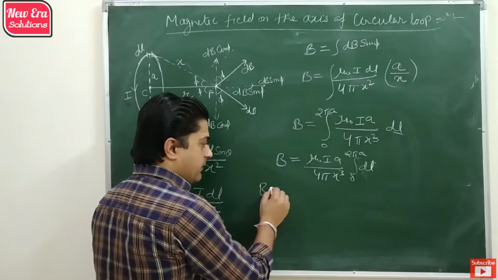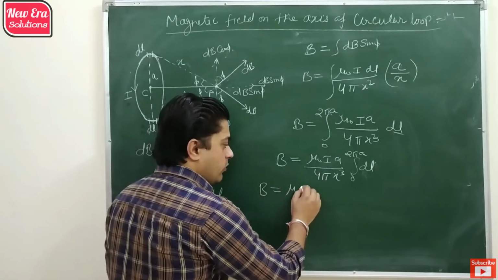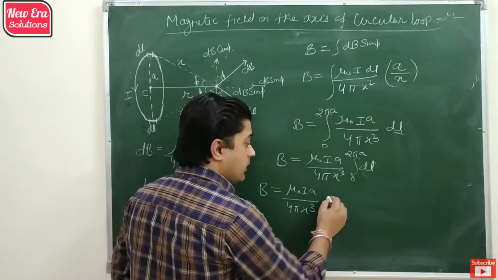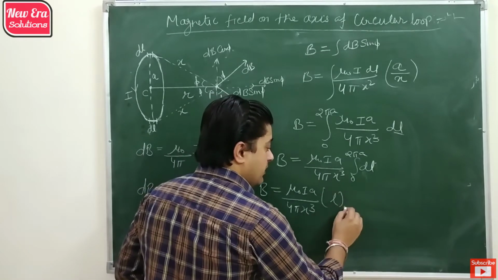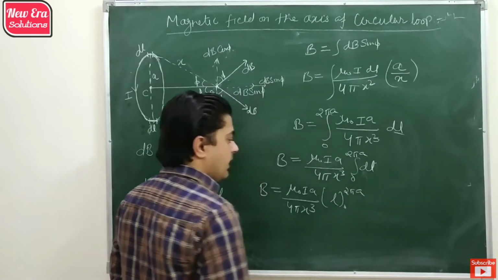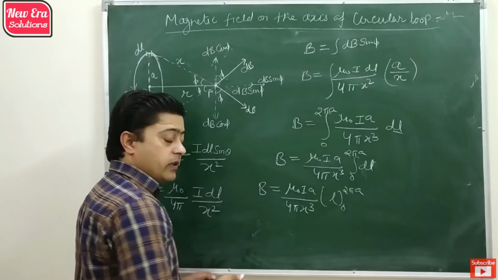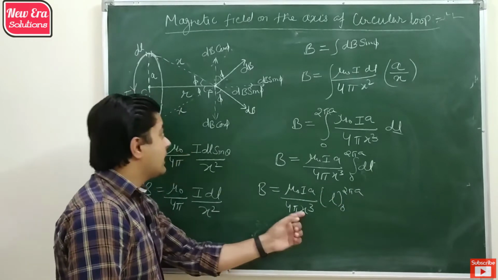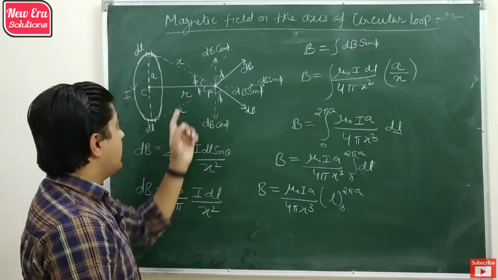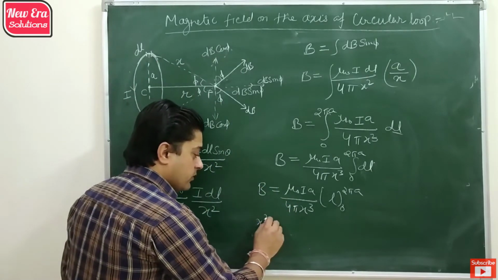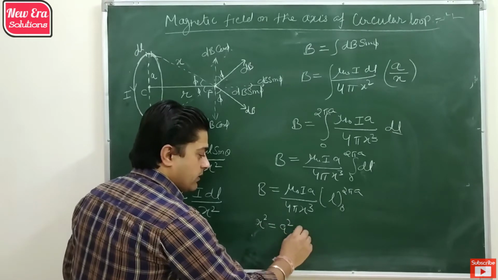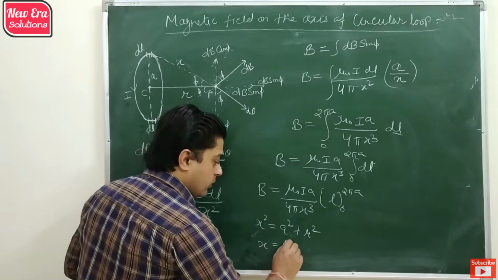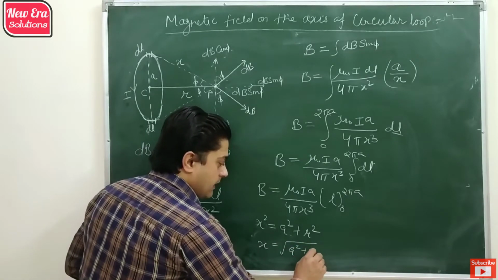Then the magnetic field is equal to mu naught I a by 4 pi x cube times l with limits 0 to 2 pi a. So by putting the value of the limits, 2 pi a minus 0, and the assumed distance x in terms of a and r, the hypotenuse square is equal to perpendicular square plus base square. So x is equal to under root a square plus r square.